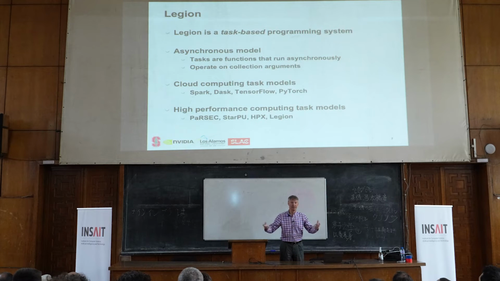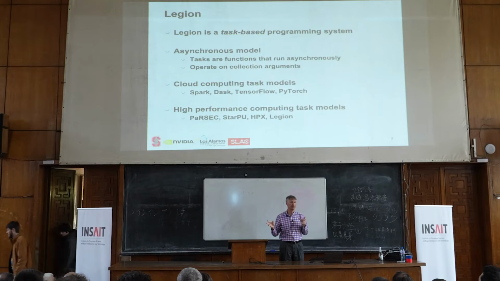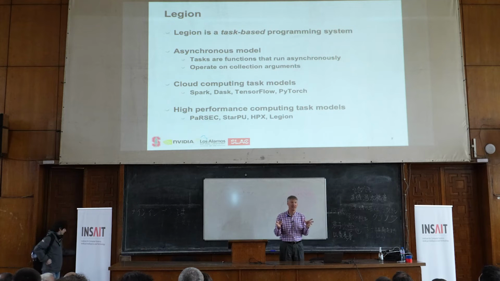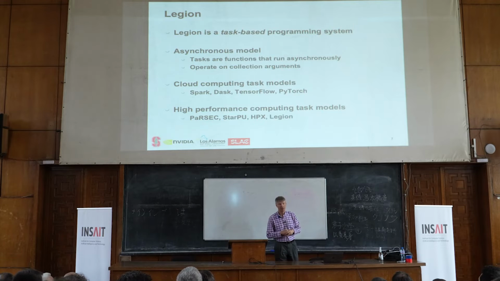So I might have more than one task going on in different parts of the machine at the same time. And these tasks are intended to work on large amounts of data. So they generally work on some bulk arguments, not just a little bit of data, but a lot of data. So a task will be something that takes a very large array or some other kind of collection as an argument.